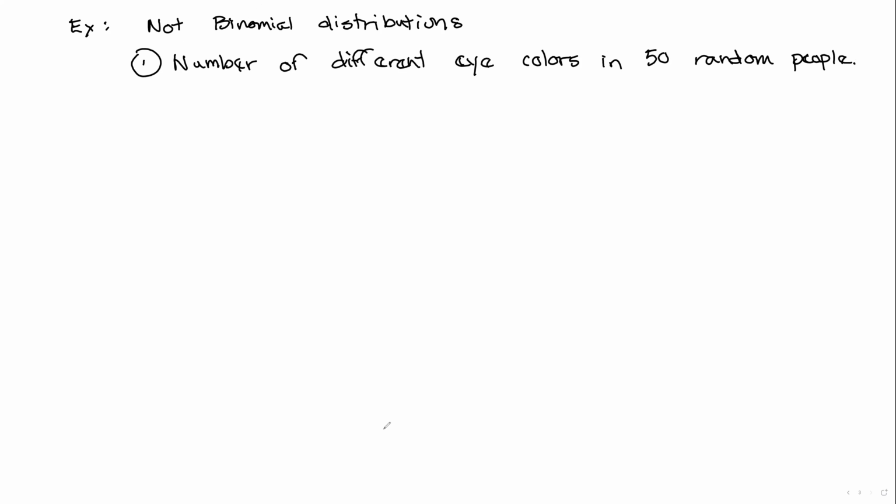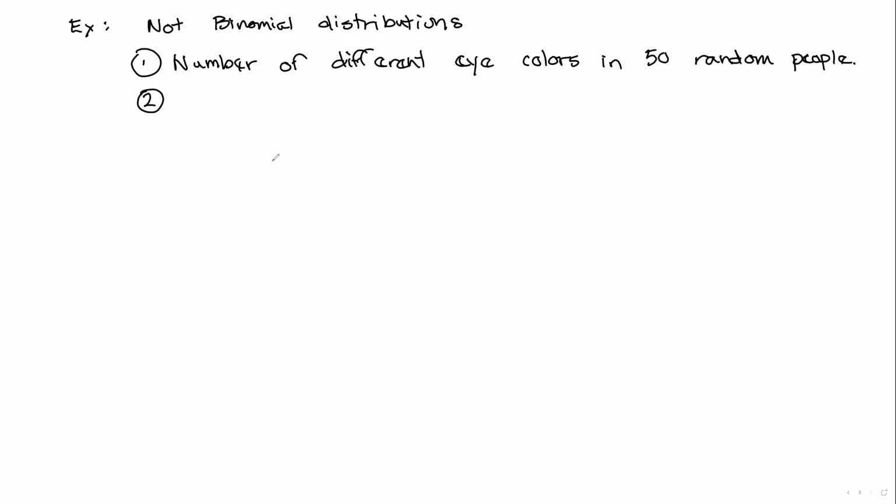To make this more similar to the previous example, I think this is the language that was in the text, the idea is that you're guessing eye colors for 50 different random people. Why would that not be a binomial distribution?